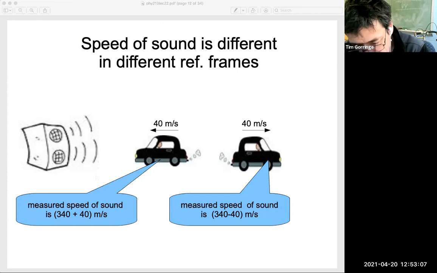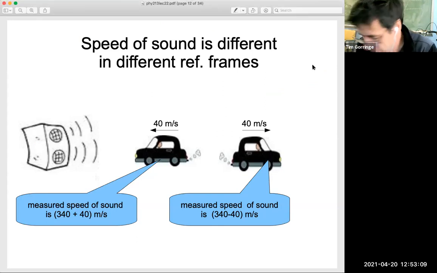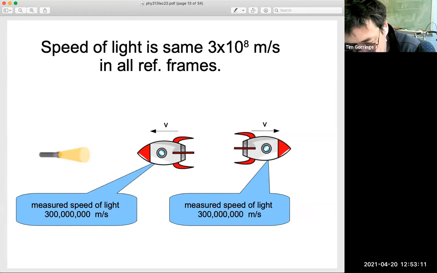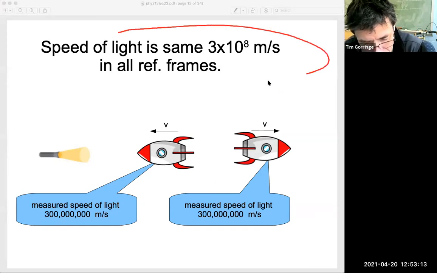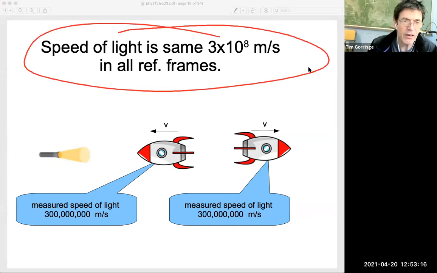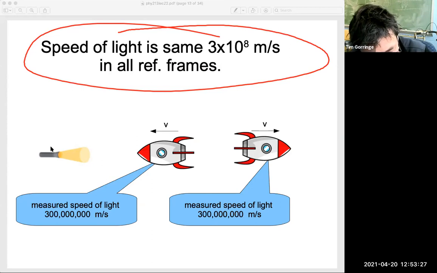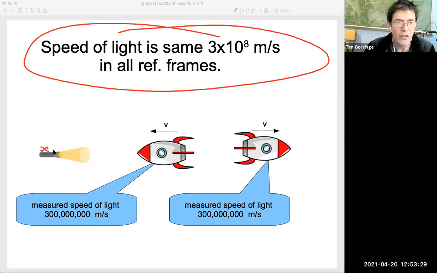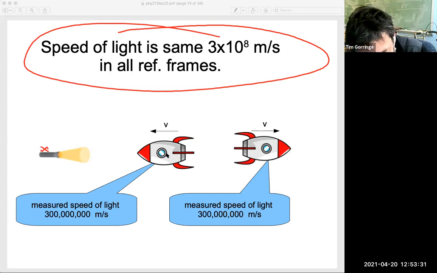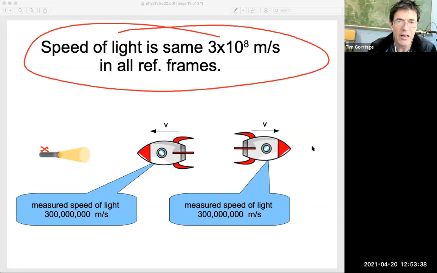But in relativity, the speed of light is quite different. The speed of light is the same in all frames of reference. So the analogy of the car driving to or from the loudspeaker, for light, is that we have a flashlight over here on the left-hand side, and I'm in a spaceship, traveling towards the flashlight, or away from the flashlight, at high speeds.